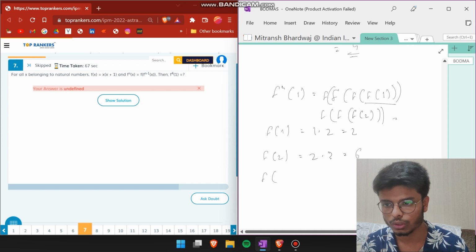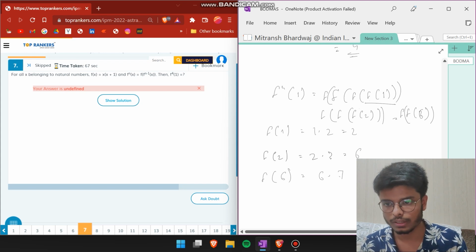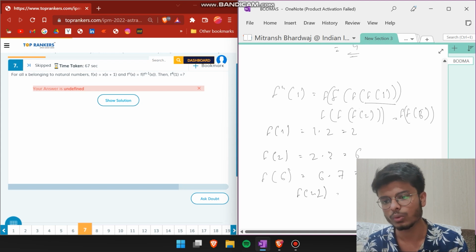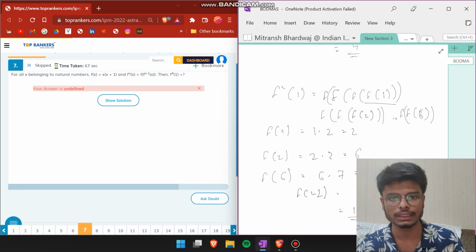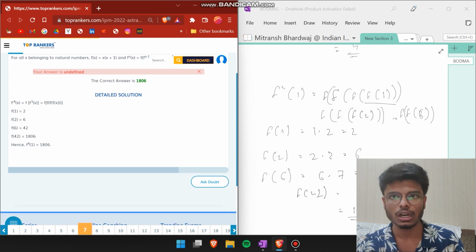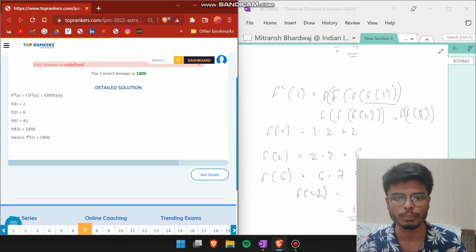Then f of 6 is 6 into 7, that is 42. So you get f of 42 as the final thing, which is 42 into 43, which is 1806. As you can see, it's quite a quick sum and can be done very fast. Again, up to you whether you want to attempt it or not.